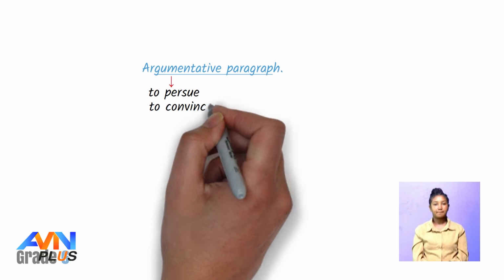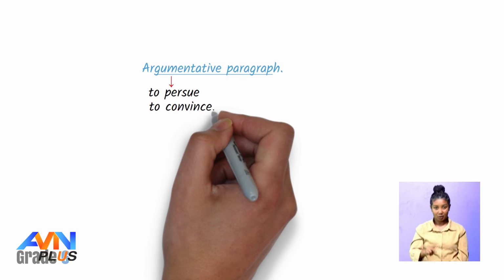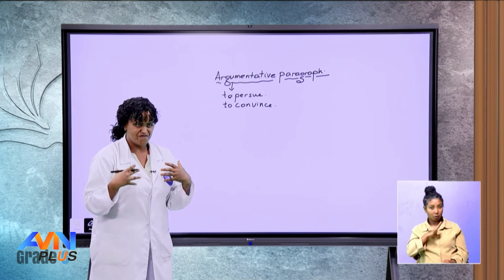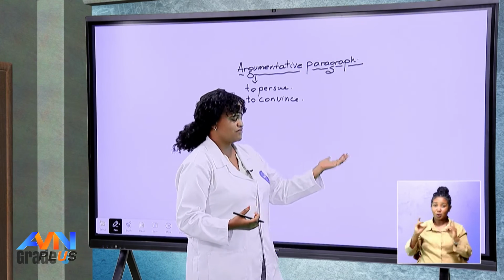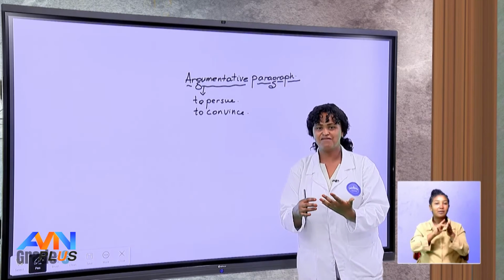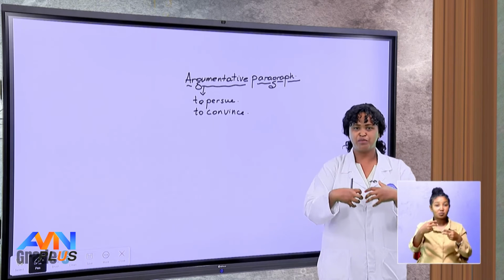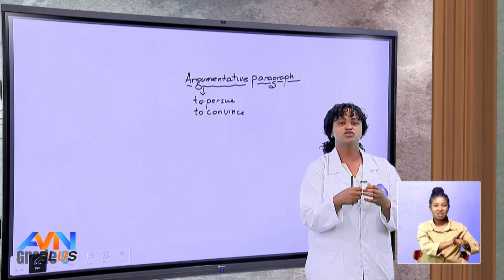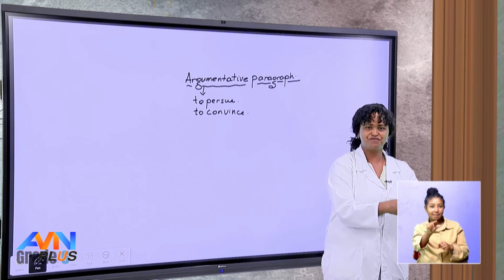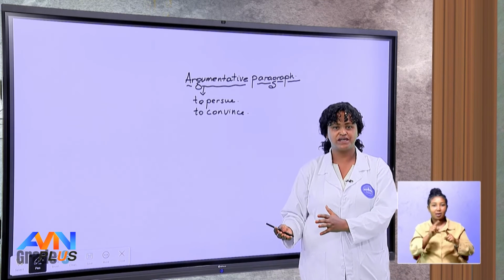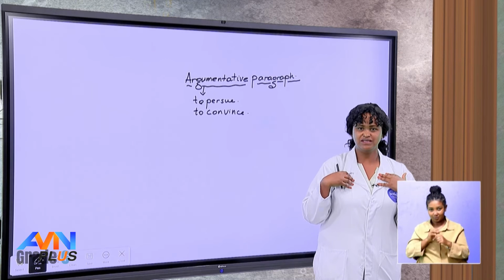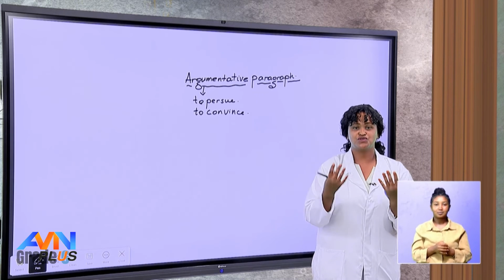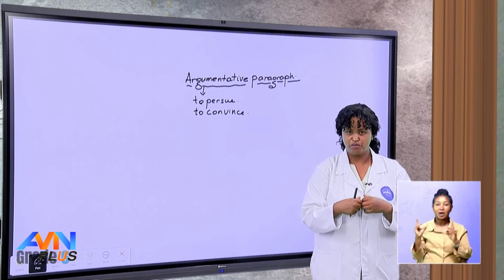To convince, all right? To pursue or to convince someone. So when we say argumentative paragraph, that means your paragraph is going to have a pressure or it's going to have some evidences, facts that can make your reader or your listener to believe you, all right? This is what we call argumentative paragraph.